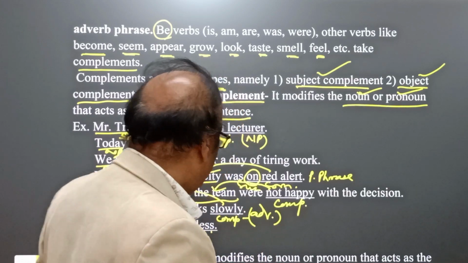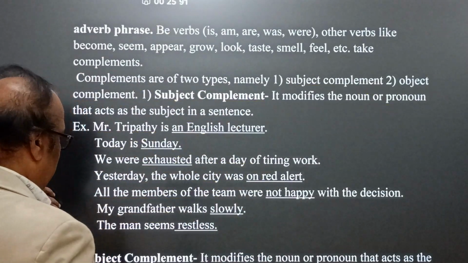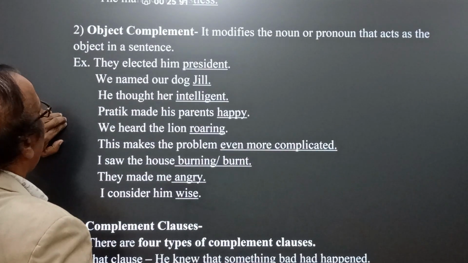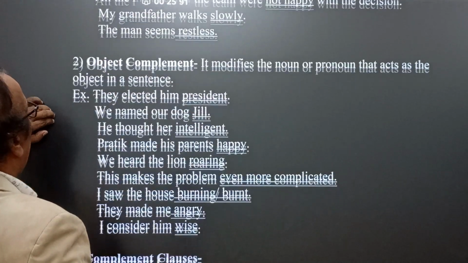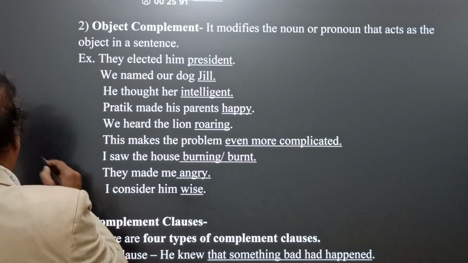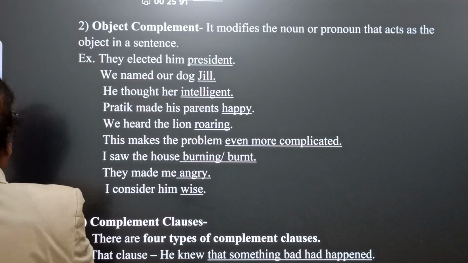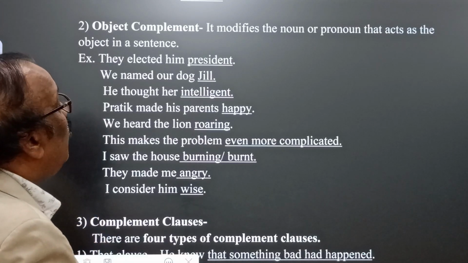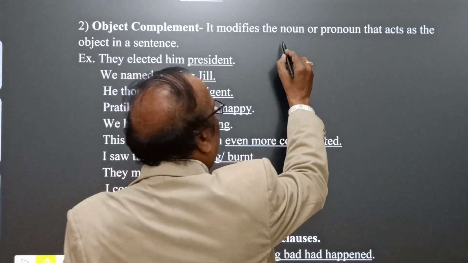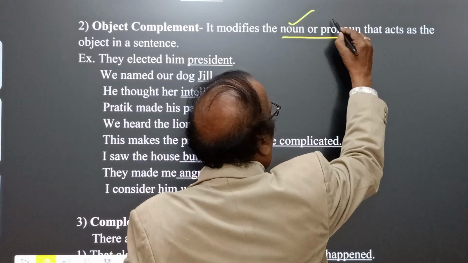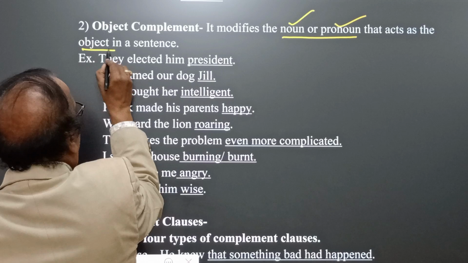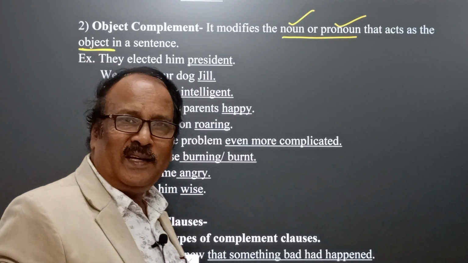Now come to the next idea in this connection. Object complement. Remember here, object complement. See, here object complement modifies a noun or pronoun. The same idea, a noun or pronoun that acts as object in a sentence.